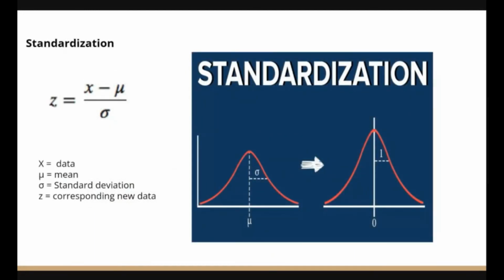Now let us discuss the next most common scaling procedure, which is standardization. Standardization, which is also known as z-score normalization, is the process of scaling values of a particular column of a data set while accounting for standard deviation.